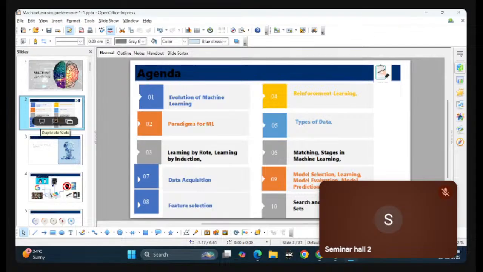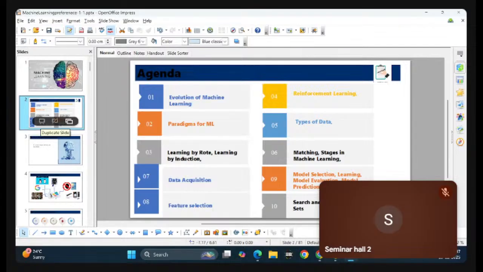The second topic is paradigms of ML: learning by rote, learning by induction.